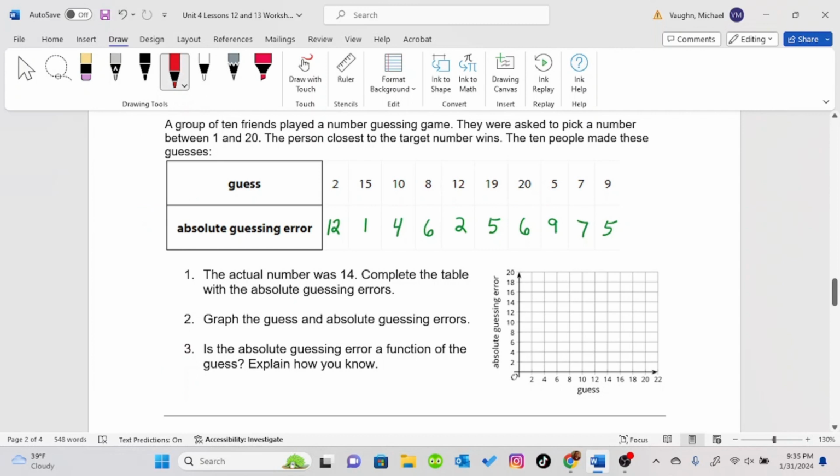Number 2. Graph the guesses and absolute guessing errors. So the top row is our x coordinate, the bottom row is our y coordinate.